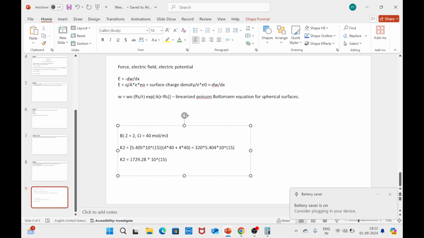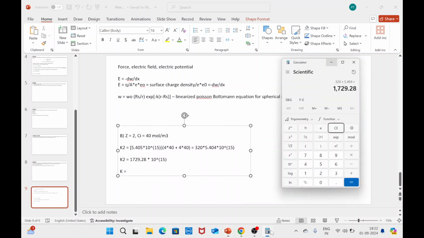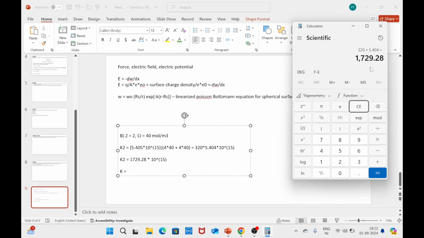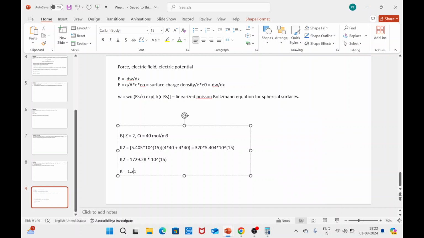So this is kappa square. So the value of kappa will be the square root of this number, which is 1.31 times 10 to the power 9 meter inverse. So this is the value of kappa.